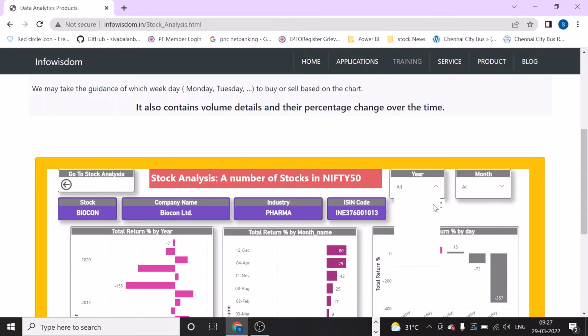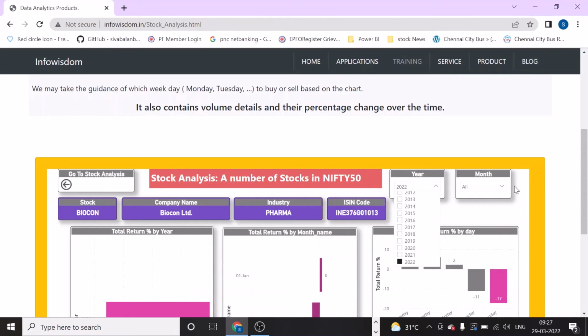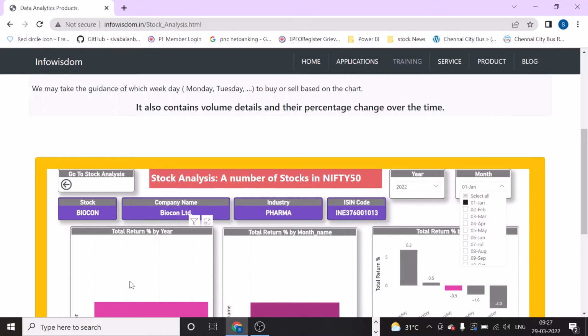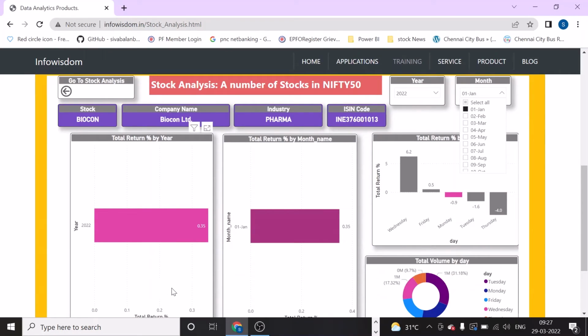For example, if you are interested in 2022 and this month, March or February or January, you can take the January month. Then you can have the performance for January.